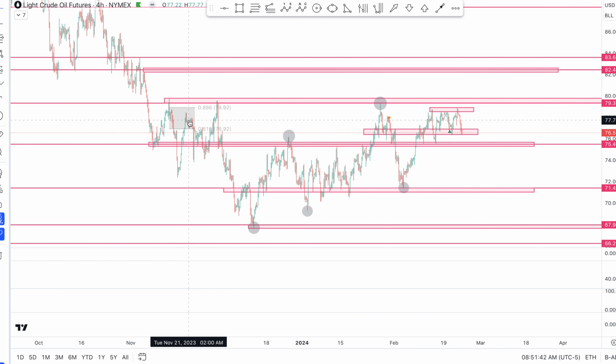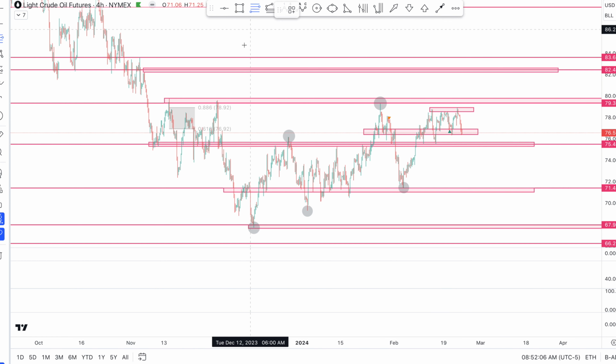It came right into this zone, didn't it? Now you can see this low held, so this bounce came up almost 100%. It retraced almost 100% of that move, and then it crapped out, and it came all the way down to this level, and then it bounced. So let's measure this bounce.